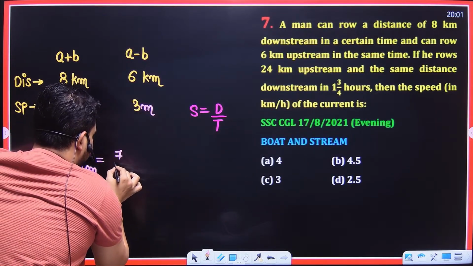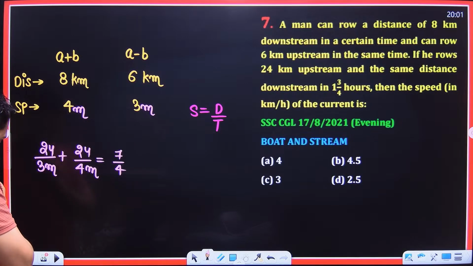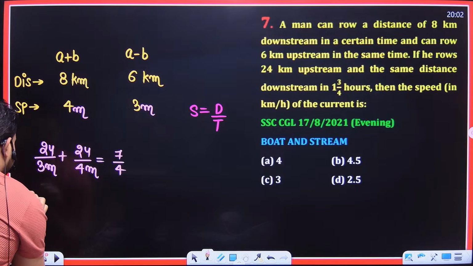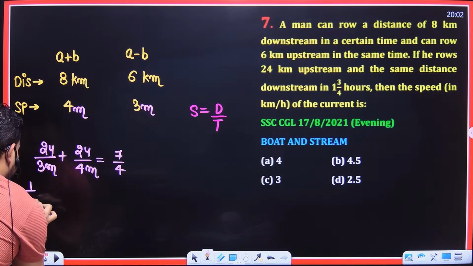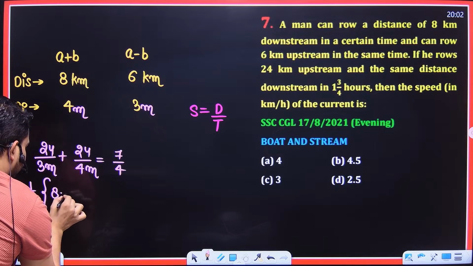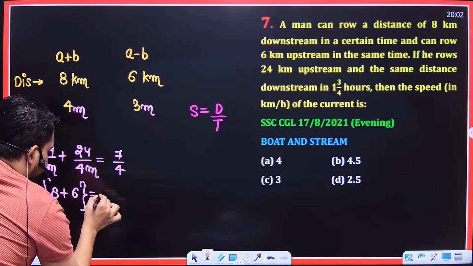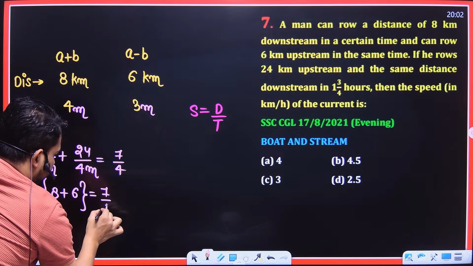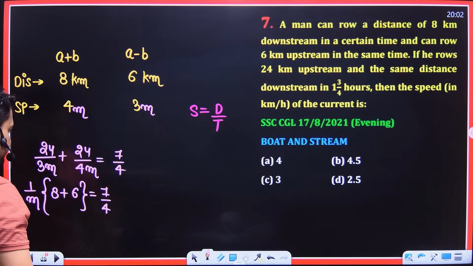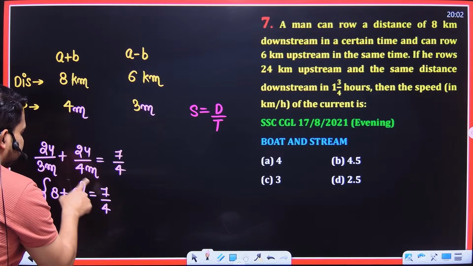If you solve it, taking 1 by m common, 3 times 8 plus 4 times 6 is equal to 7 upon 4. 8 plus 6 is 14, 14 plus 4 is 56, 56 by 7 is equal to 8.